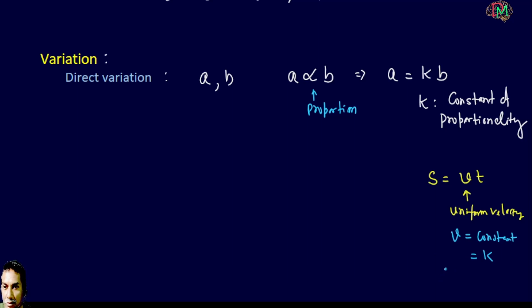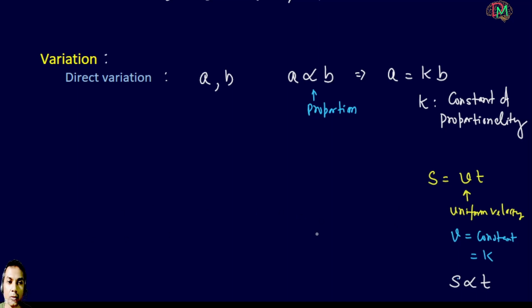Why? Because here s is directly proportional to t. Because if more time is traveled, the distance covered will be more. If less time, it covers less distance. So distance and time are related by direct proportion.